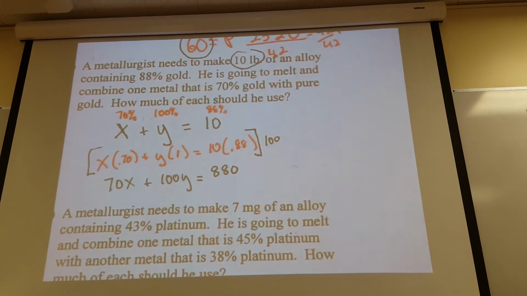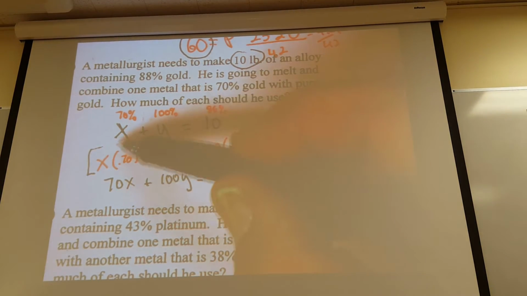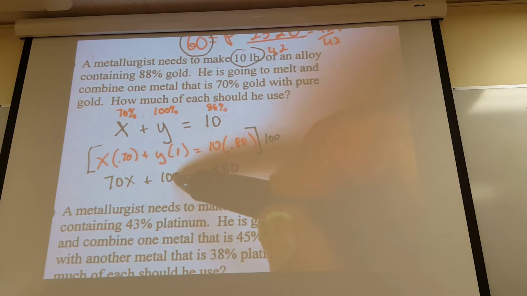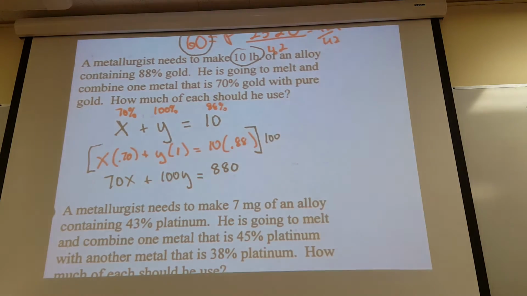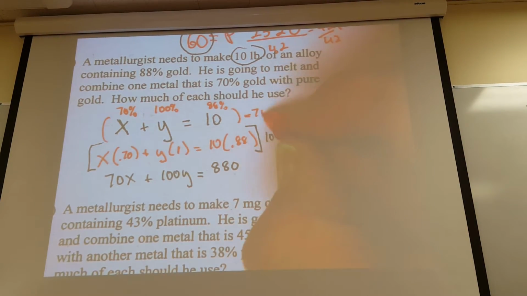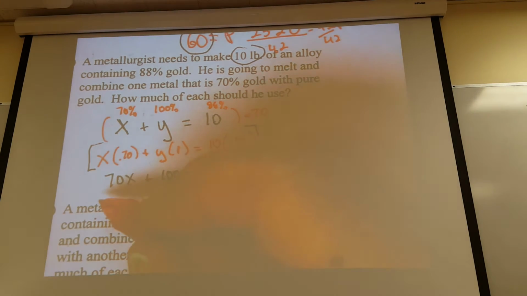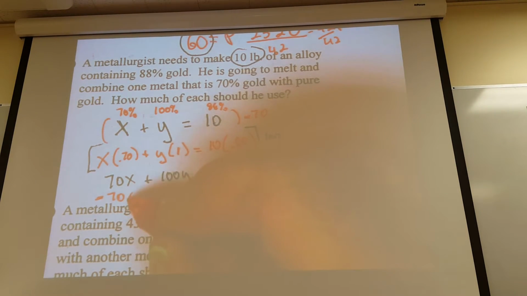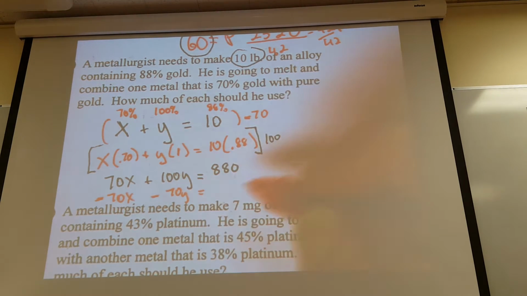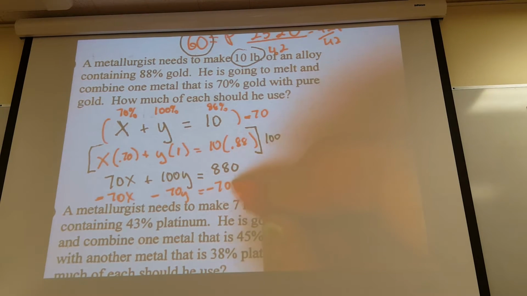All right, now I have the 2 equations, x plus y equals 10, 70x plus 100y equals 880. So now I'm gonna times this one by negative 70. So that's negative 70x minus 70y equals negative 700.